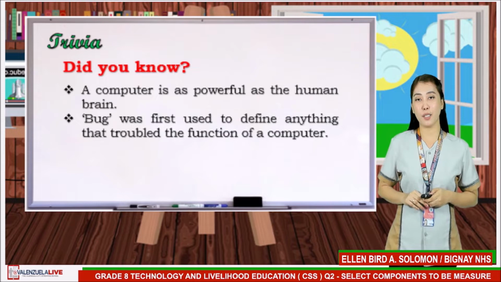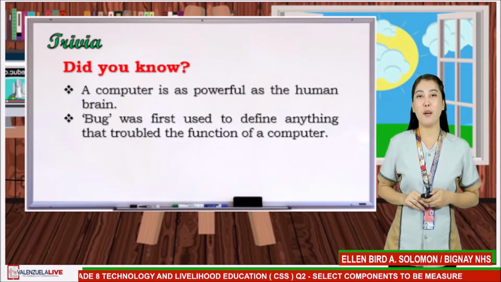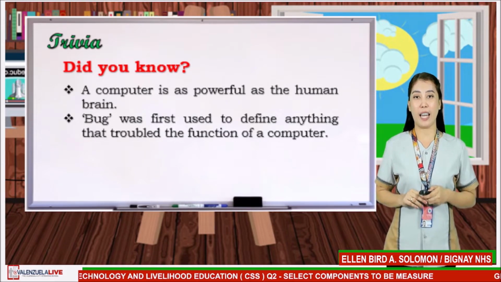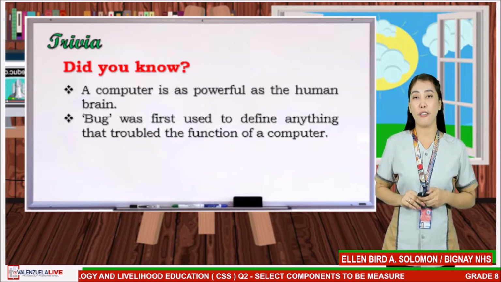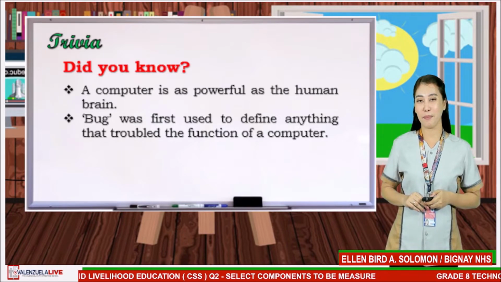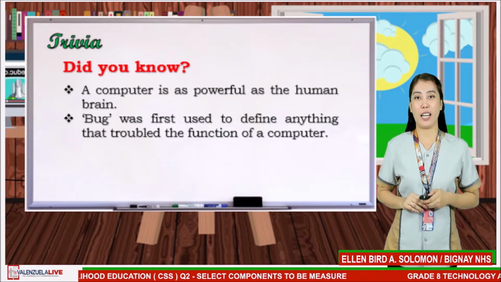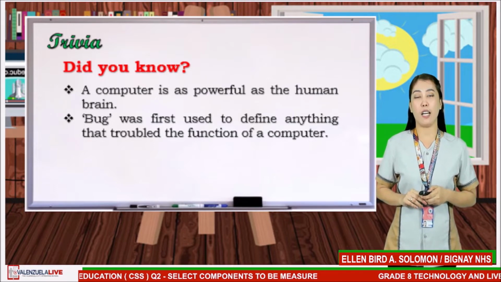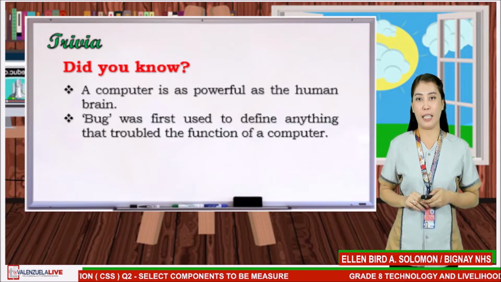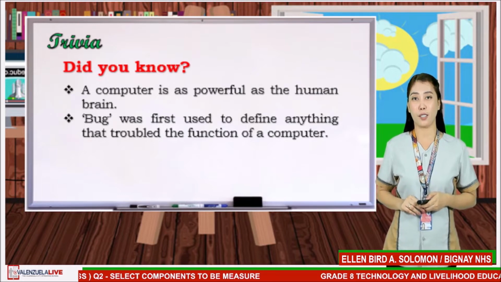Did you also know that Bob was first to define anything that troubled the function of a computer? This was done after a dead moth in a Harvard Mark II computer in 1947 caused a problem.